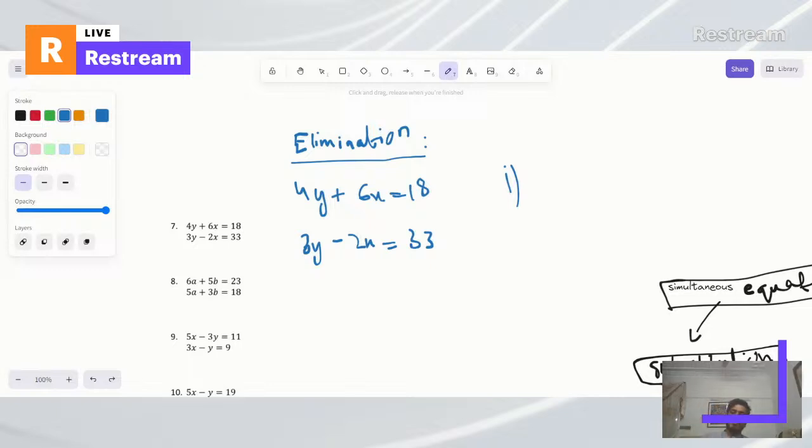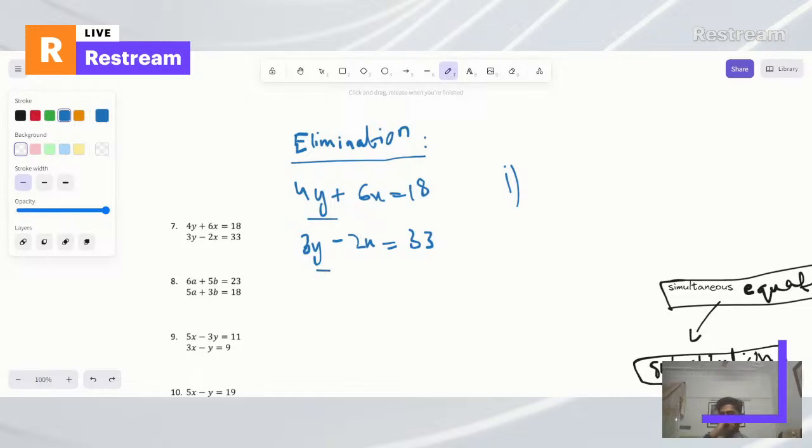If I multiply this whole equation with 3, this y is going to become 12y, right? And if I multiply this whole equation with 4, this y is going to become 12y. This is the way I have to make any variable in these equations the same.